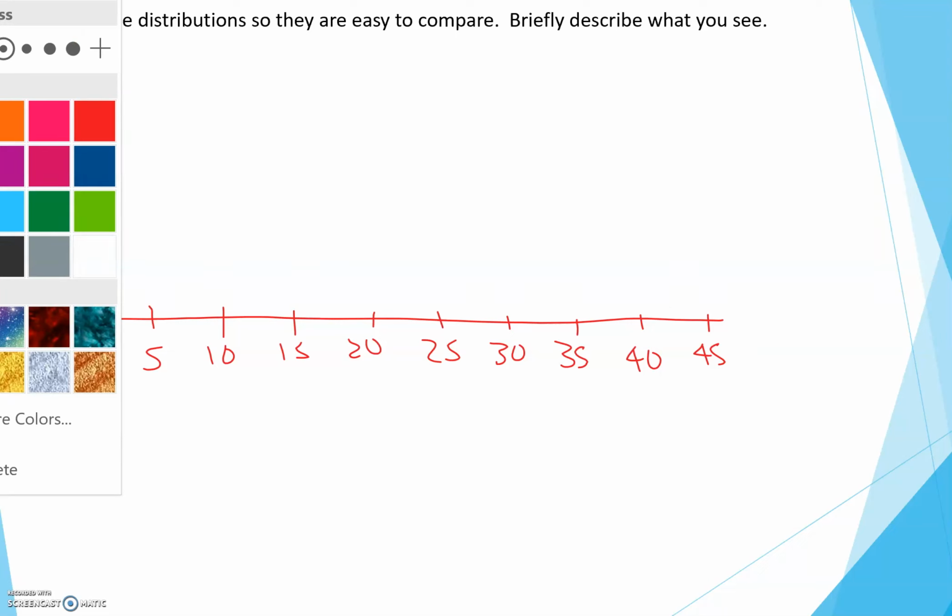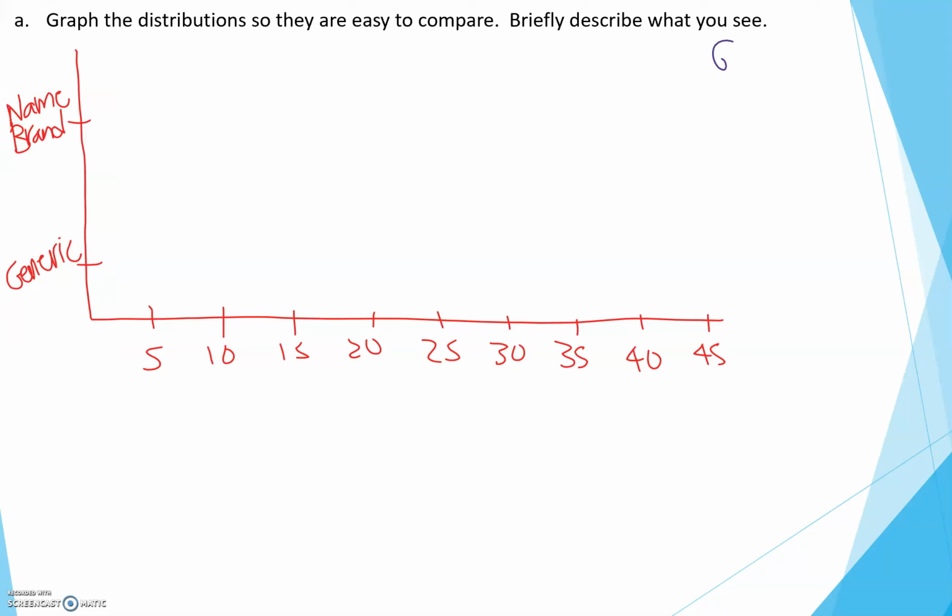Okay, I plugged this into my calculator. This was the generic. I'm going to write down my five-number summary. This is all stuff that I got in the calculator. Minimum was 3. Q1 was 8.